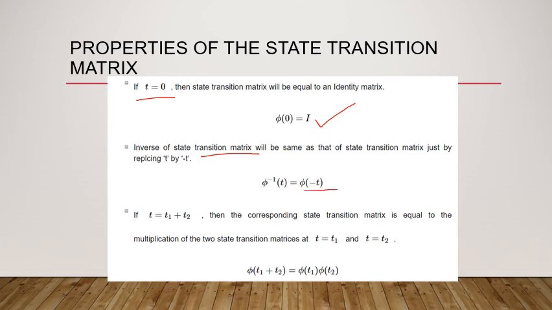So phi inverse of t is phi of minus t. And the third property says, if t is equal to t1 plus t2, then the value of phi of t1 plus t2 will be given by the product of phi t1 and phi t2. So these are the properties of the state transition matrix.